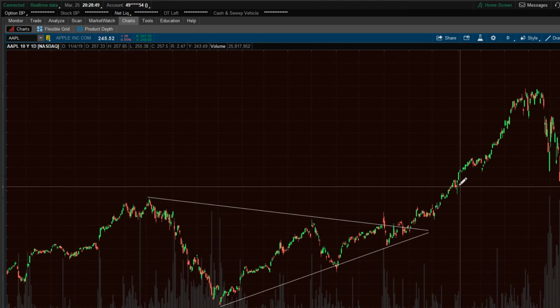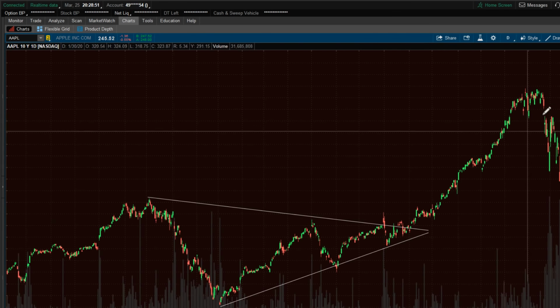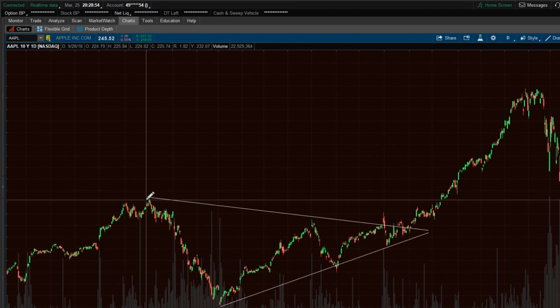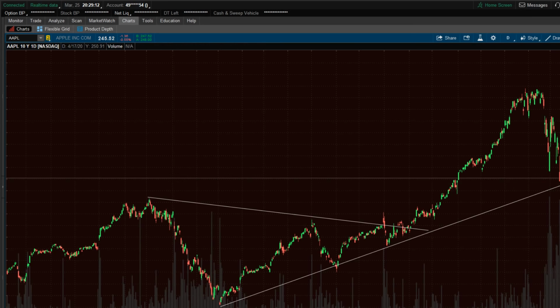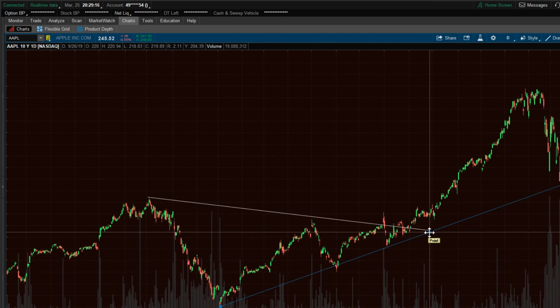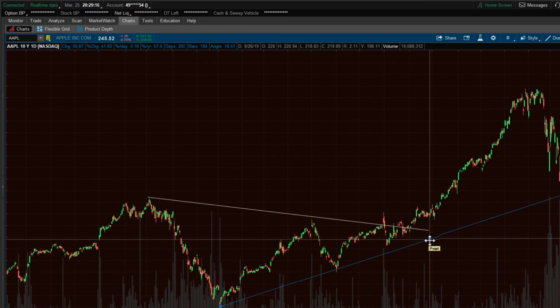And you have these all throughout the price action. Extend it out. Well, I bet if I drew it correctly, it would be.